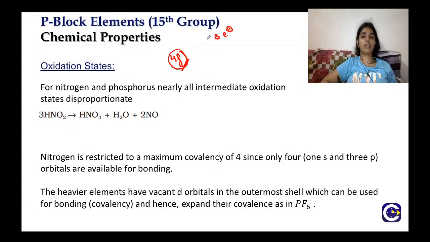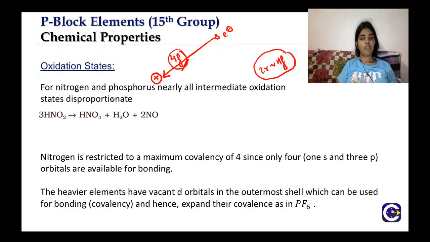So, these outer s electrons are more attracted towards the nucleus, right. When they are more attracted towards the nucleus, there is a contraction in the size that is known as lanthanide contraction. Due to this, the 4d and the 5d series have the same sizes. For example, zirconium and hafnium have the same size because of the lanthanide contraction.